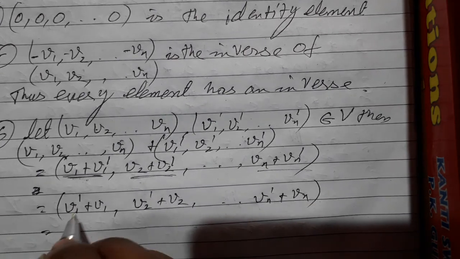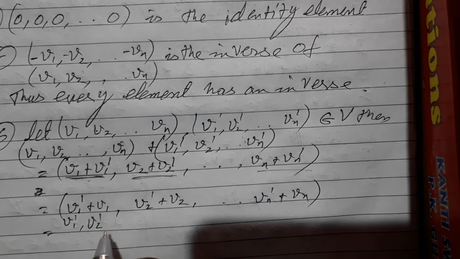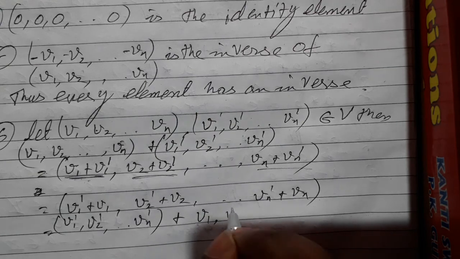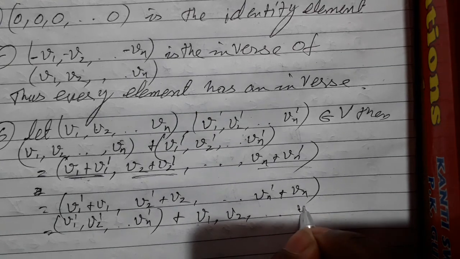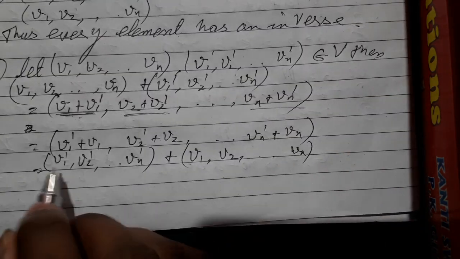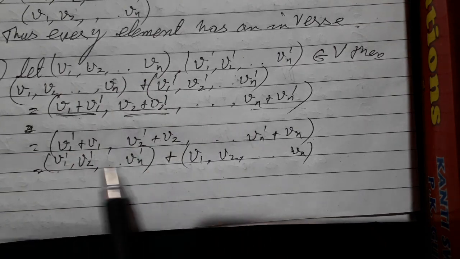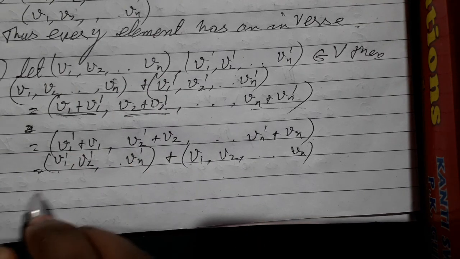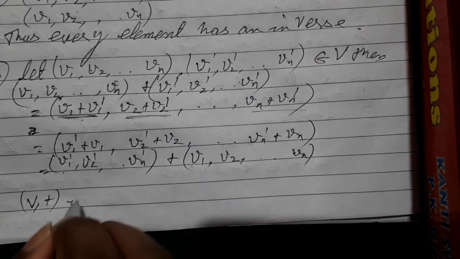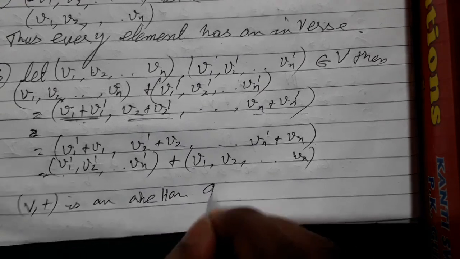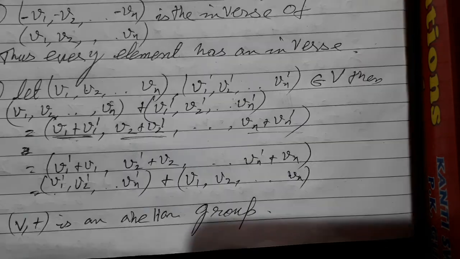So this is equal to v1 dash, v2 dash, vn dash plus v1, v2 so on till vn. So we have taken these two vectors, we add, and after commuting it again commutes, so it is abelian. So V is an abelian group under addition.